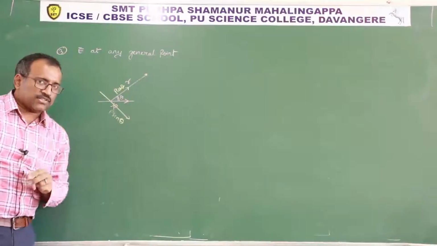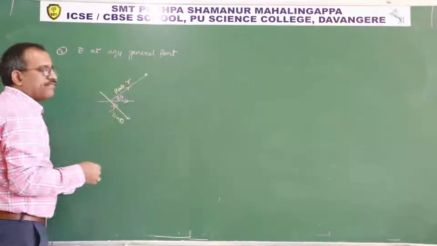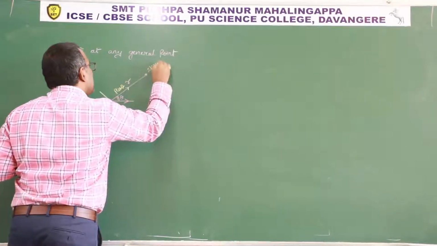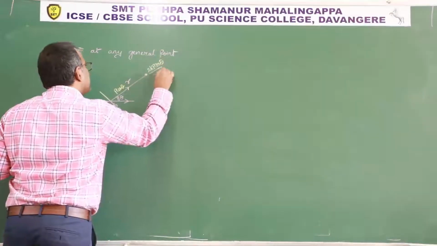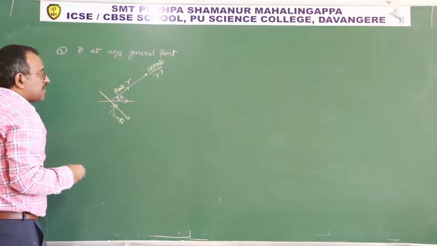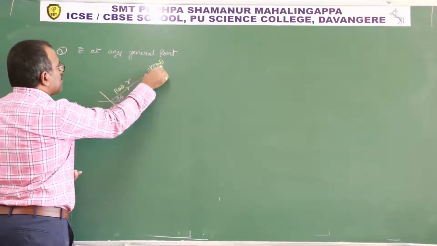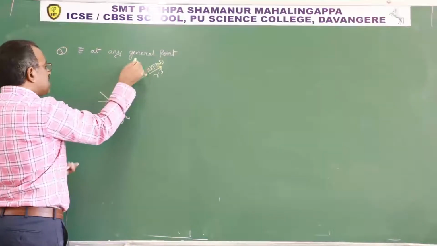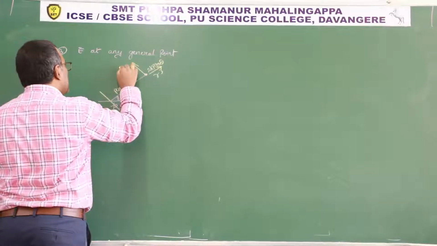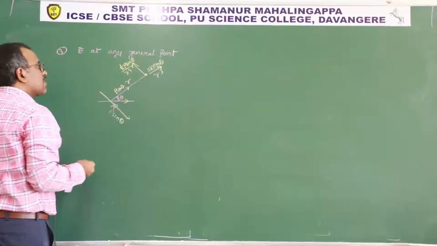So we have two dipoles. One is P cos theta, and due to this P cos theta, this point is an axial point, hence 2kP cos theta by R cube. Due to this P sin theta, this point is an equatorial point, and it is anti-parallel, as we just discussed, minus sign, so this will be kP sin theta by R cube.